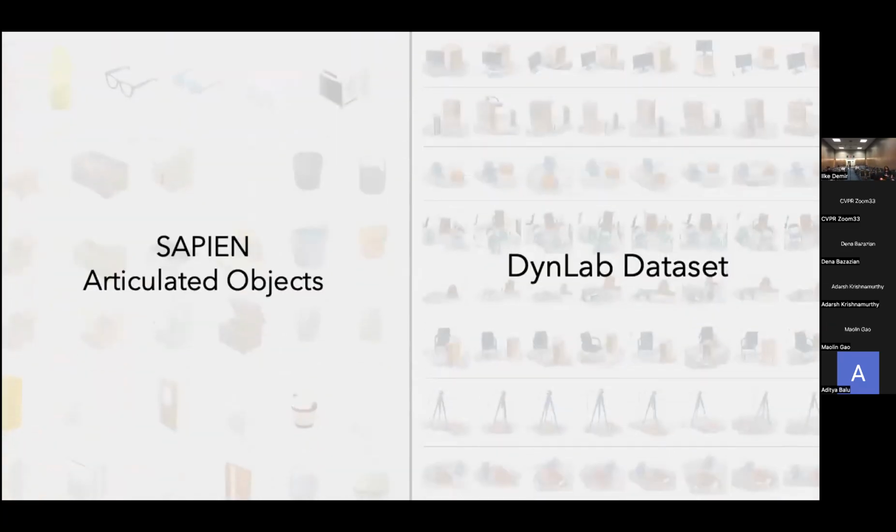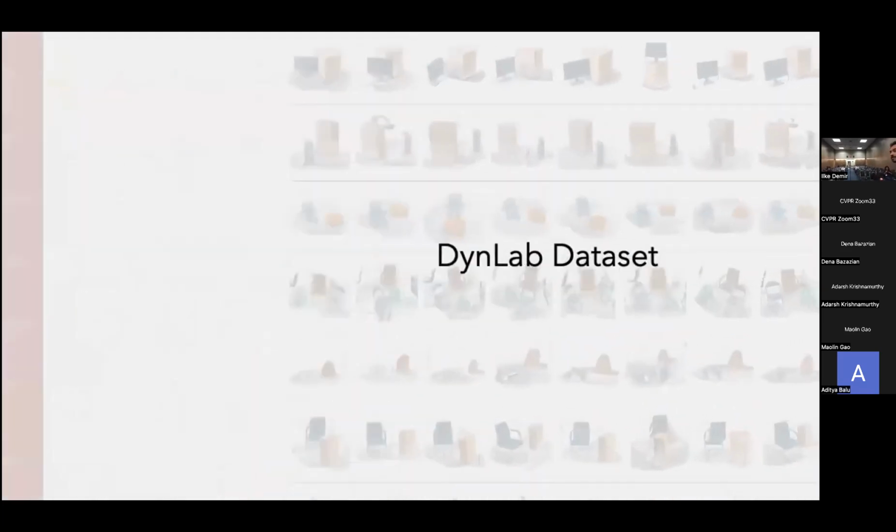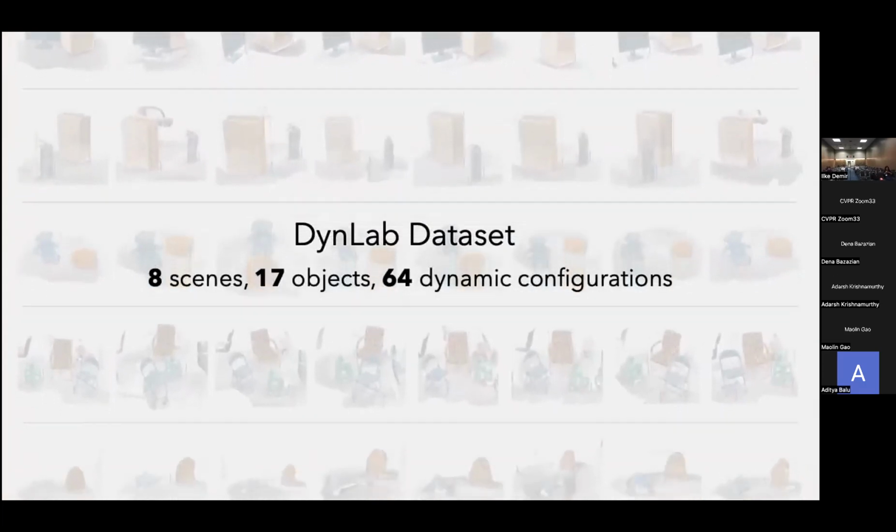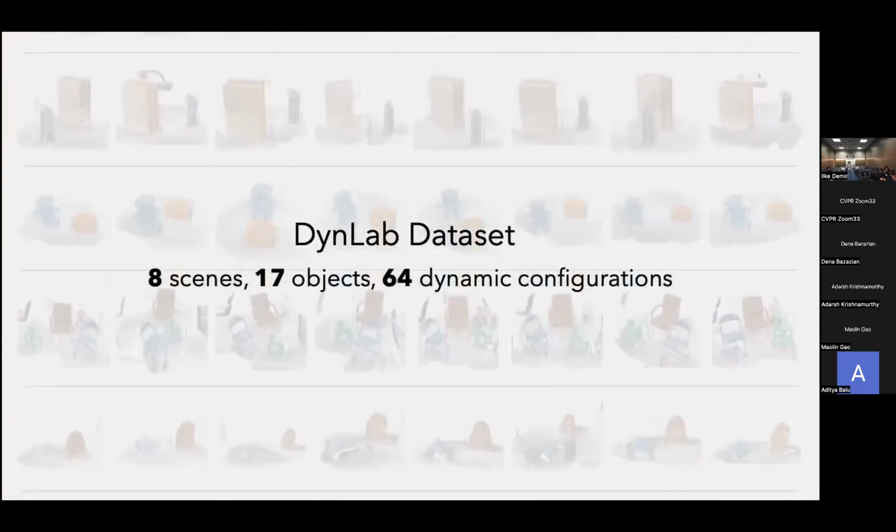Cool. So to evaluate this, we used two data sets. One is known, the Sapien articulated objects. And for multi-body, we use the DINLab dataset, which we collected. And that's not a big dataset, by the way. It's just 8 scenes, 17 objects, and 64 dynamic configurations.